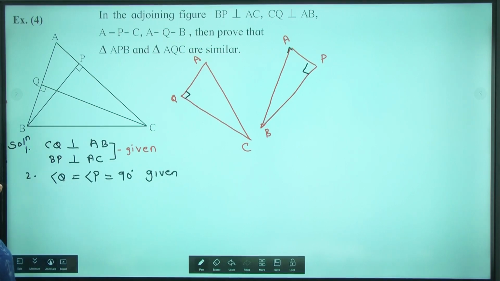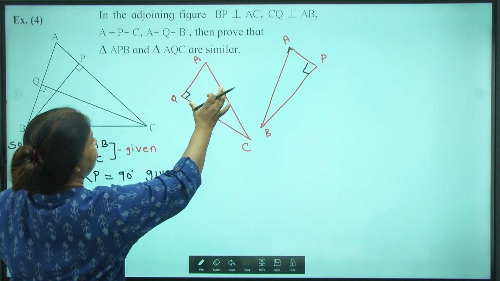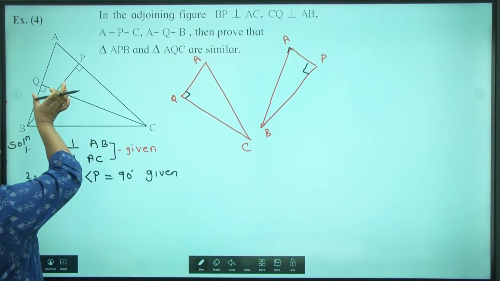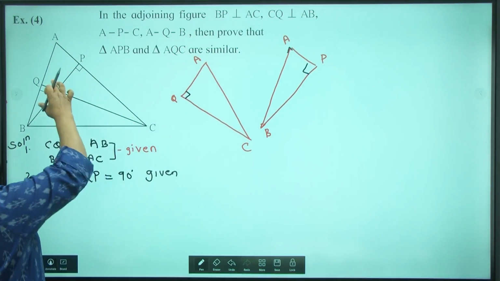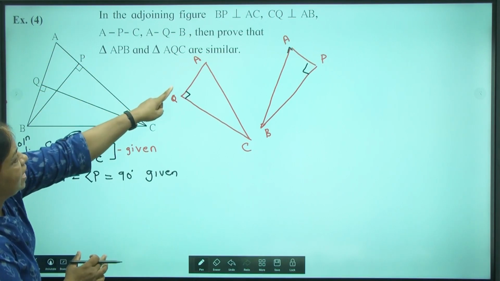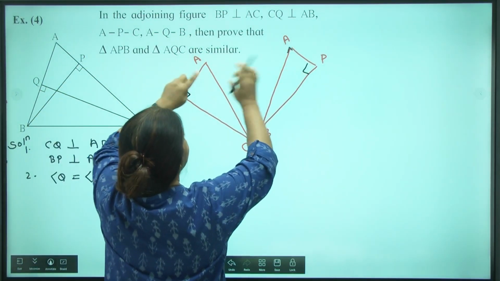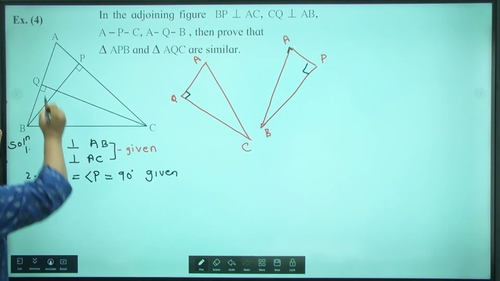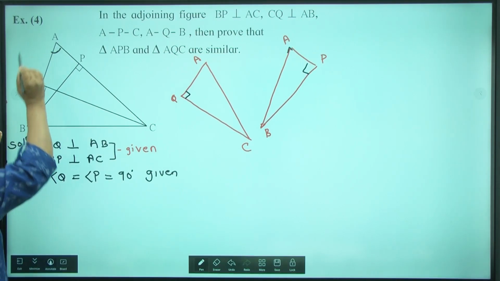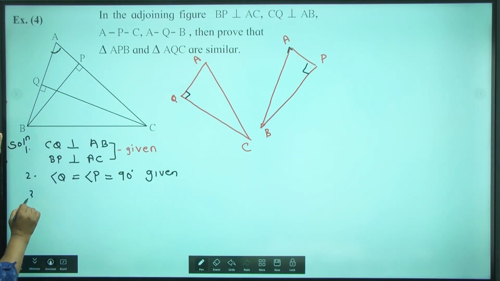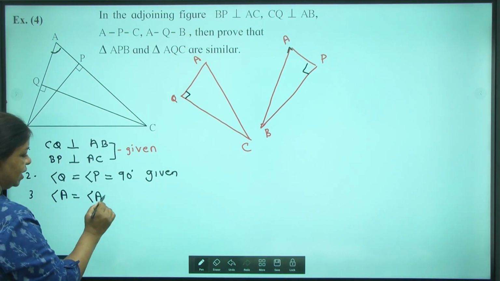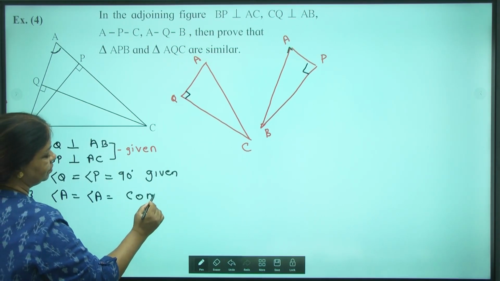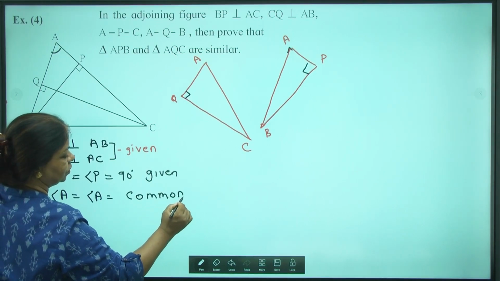Also you can see here, if I keep triangle AQC and triangle APB back in place, angle A will entirely cover angle A. That means angle A is a common angle. So in the third point, angle A is equal to angle A, and the reason is common angle.